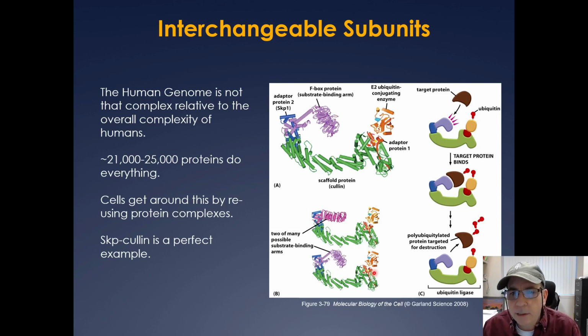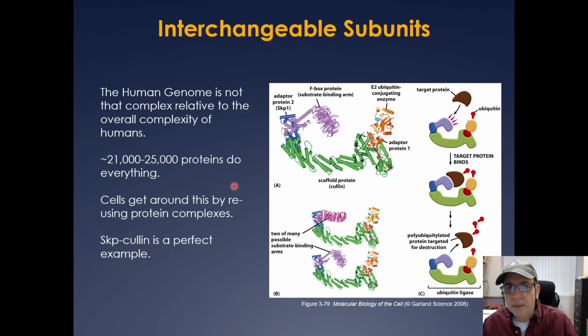Now, one of the things that gives cells some of their really dynamic characteristics is that various subunits can be interchangeable. Okay, and if you want to look at it this way, the human genome's not as complex as we would like to believe. There's only about 20 to 25,000 proteins or so that do everything.